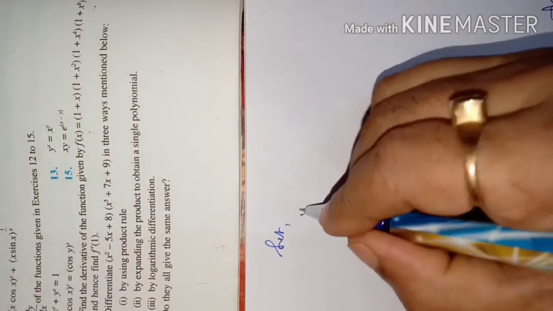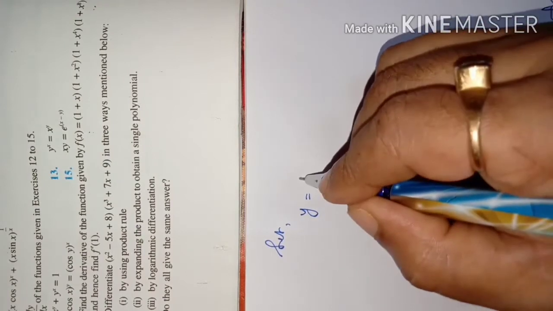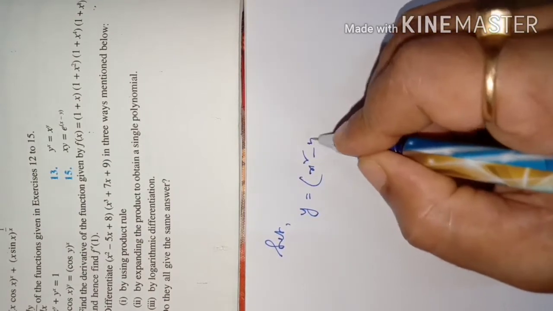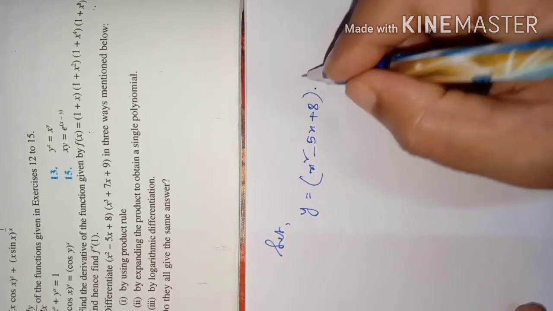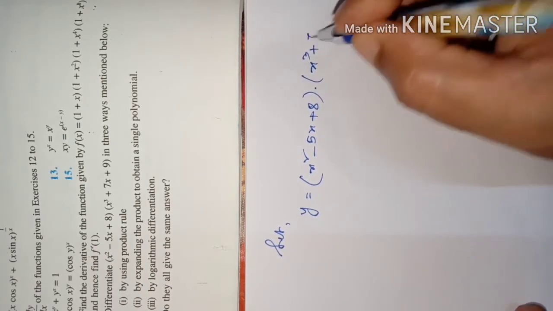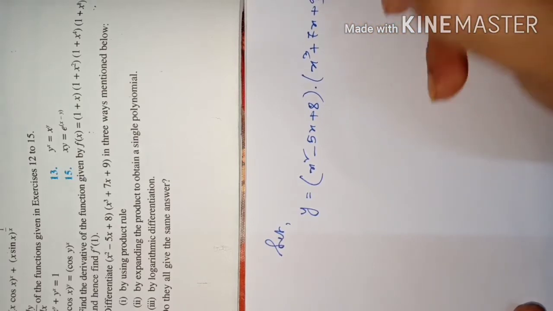Let us consider y equal to, again same thing, that is x square minus 5x plus 8 into x cube plus 7x plus 9.